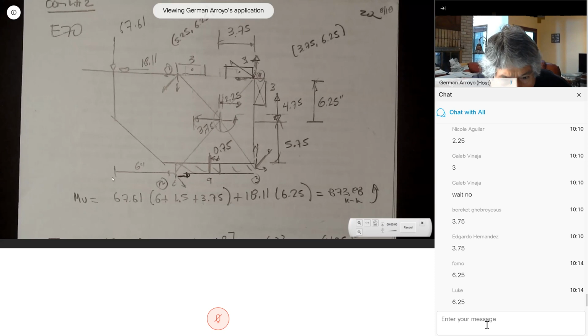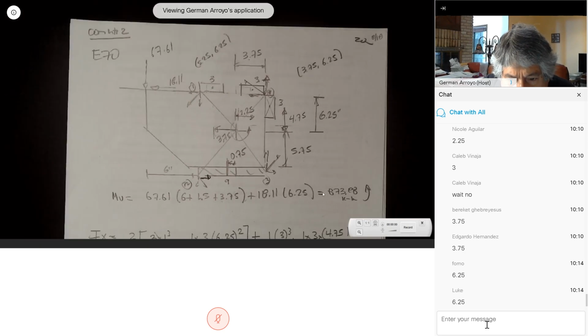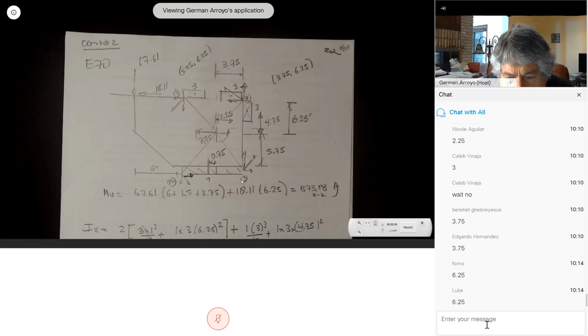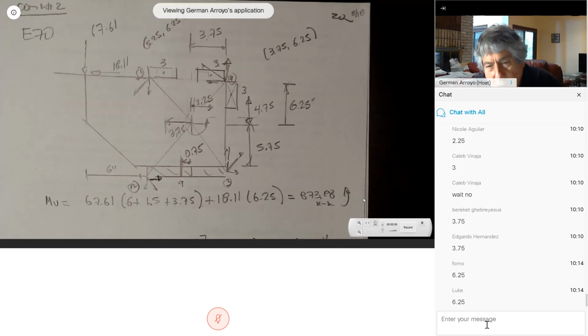So the force times the distance. For the horizontal, 18.11 times this distance, 6.25. Since both of them go in the counterclockwise direction, my Mu is 878.18, 0.88, sorry, on the counterclockwise.